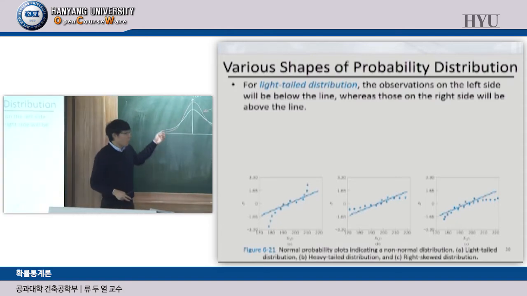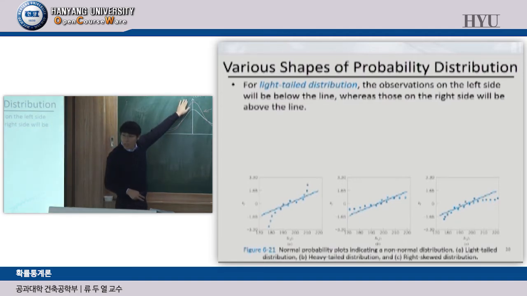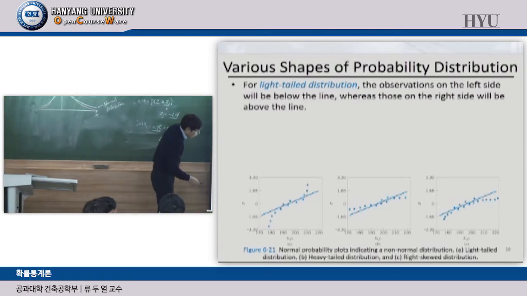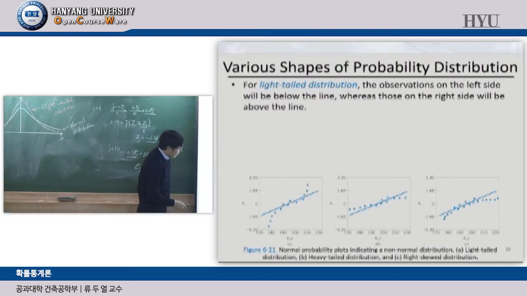So as compared to the normal distribution, we have a higher point at the center, okay? Higher probability at the center, but we have lower probability at the tail. We can say this is the light-tailed distribution, okay? And if we analyze this curve based on the probability plot, we can have this kind of shape. The left observations are below the straight line, and the right observations are above the straight line, okay?